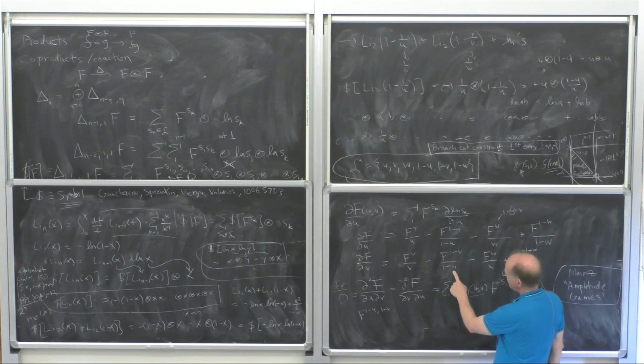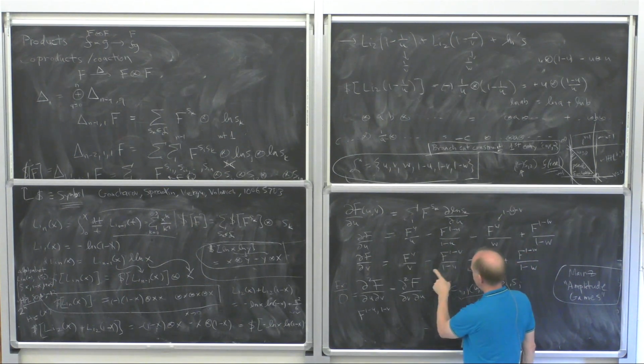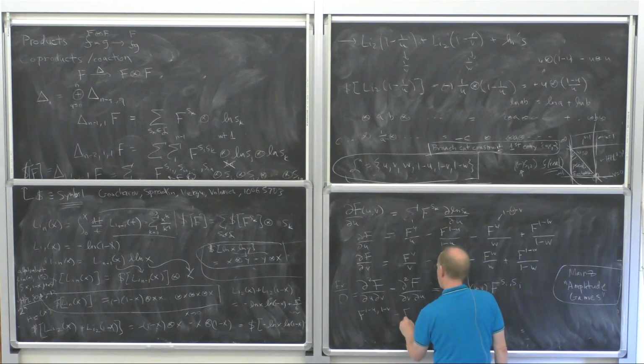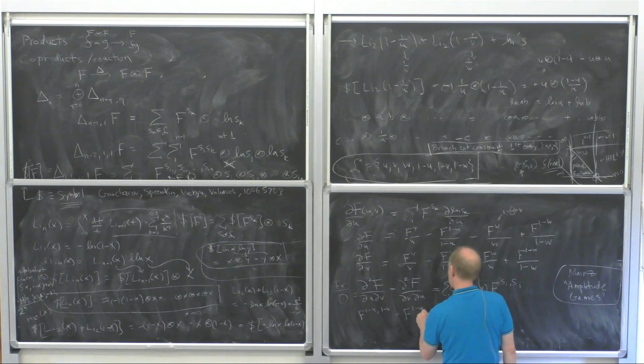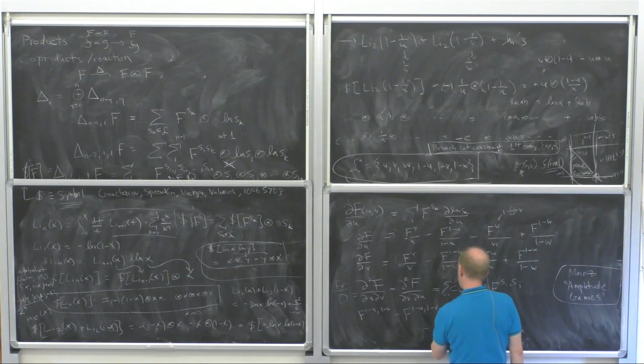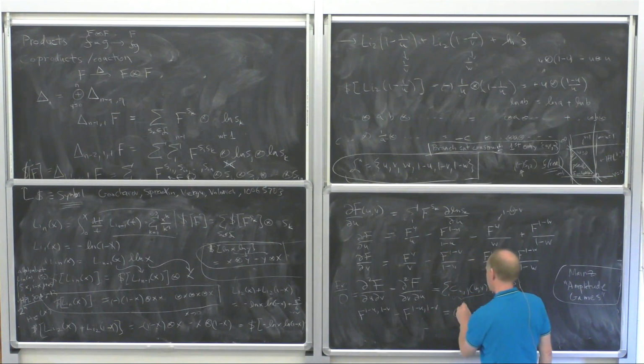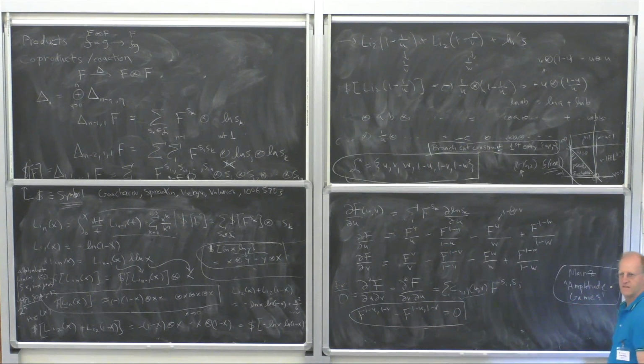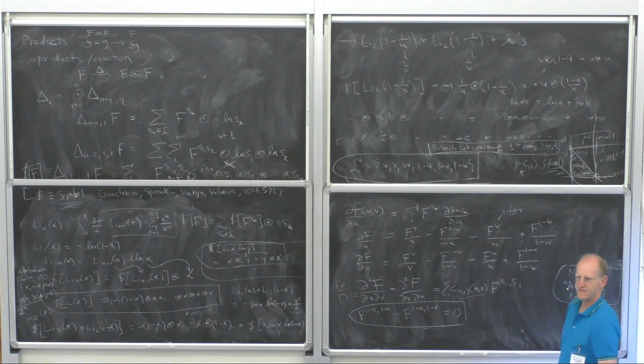And it's going to have a singularity as v goes to 1 from here and as u goes to 1 from the next derivative. And when you do it in the opposite order, you're going to get the same singularity in the denominator. And so this is one equation that you're going to find that you have to satisfy.